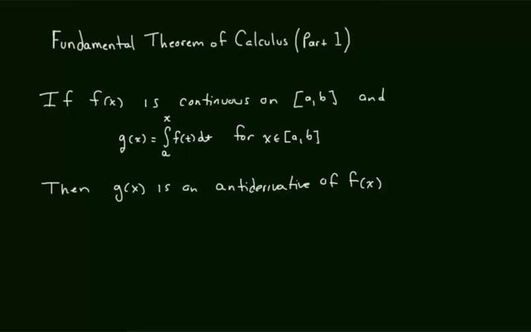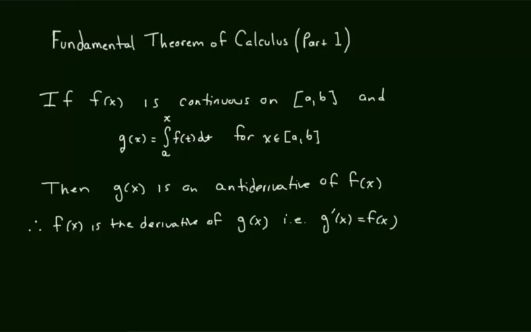But also, we want to say that f of x is the derivative of g of x. I.e., to say that differently, g prime of x equals f of x. This is like a therefore. The fundamental theorem of calculus, part 1.